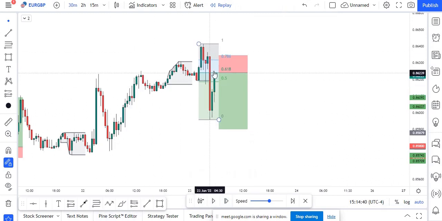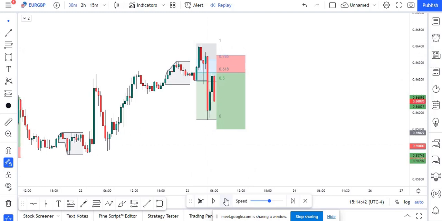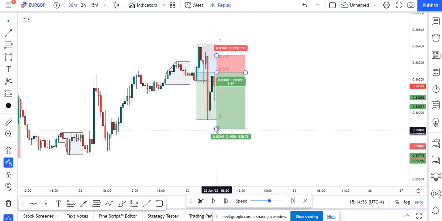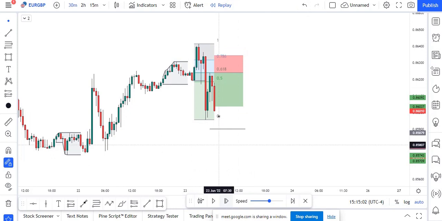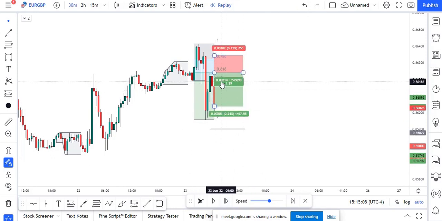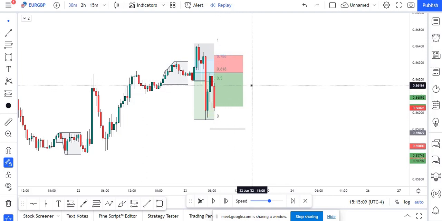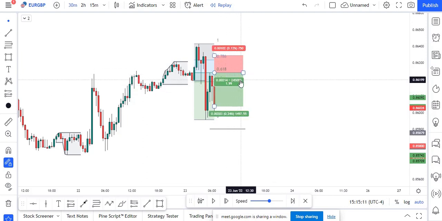So here's our tab. At this point, we know that we have our rule that we have to take partials and move our SL to break even at 1:2 ratio. We still didn't draw that. Let's see. We play the price. Right. So at this point, your 1:2 ratio just got hit, and at this point, you will close 50% of your position.